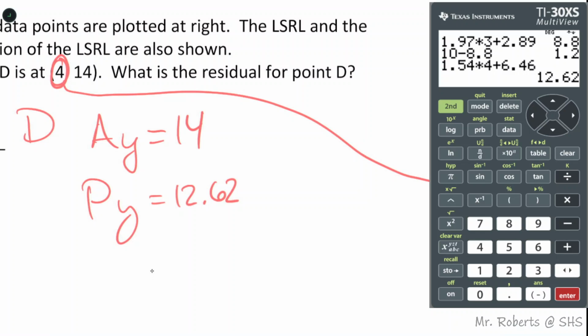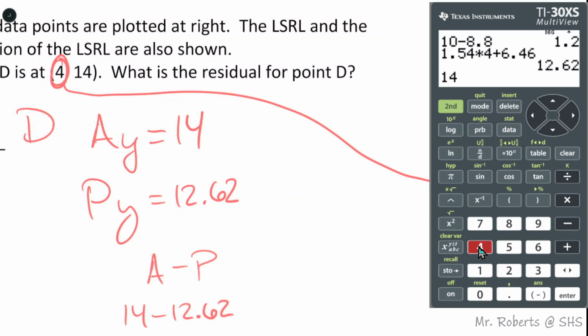What's the residual for point D? It's going to be the actual value minus the predicted value. It's going to be 14 minus 12.62. I take 14, then subtract the value above; I went up arrow, grab it, subtract it. I get 1.38.